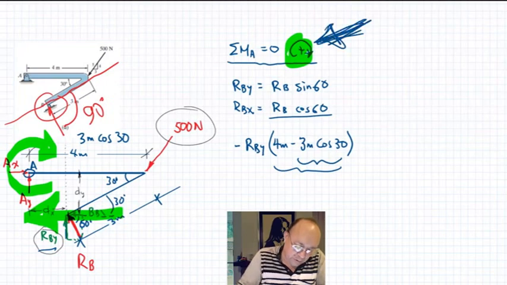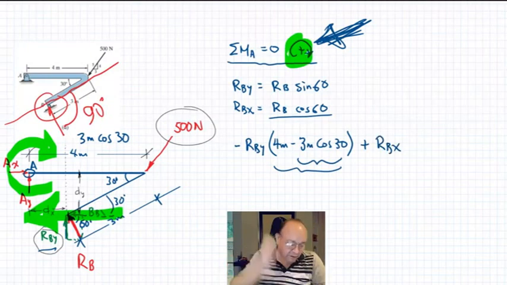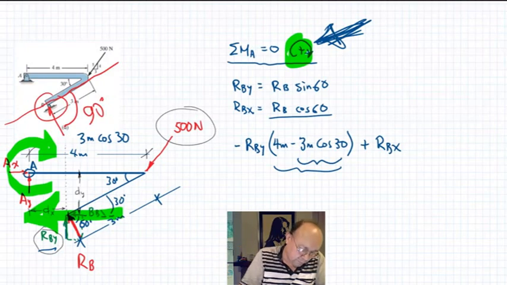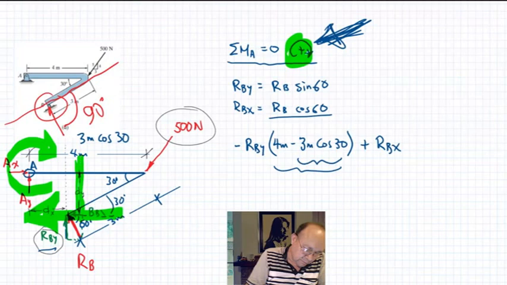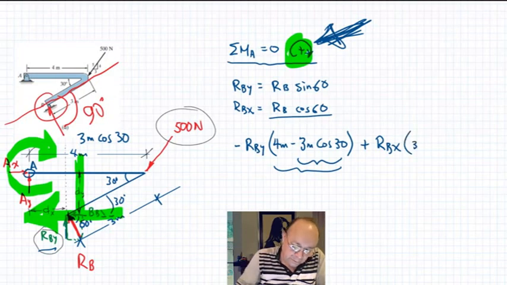So it will be positive RBX times, we said, dy, this distance right here, which is equal to 3 meters sine 30 degrees.